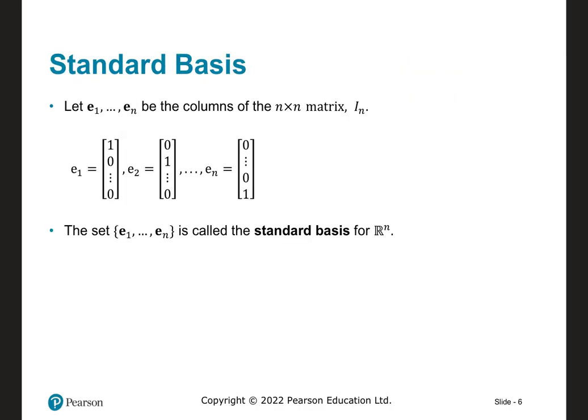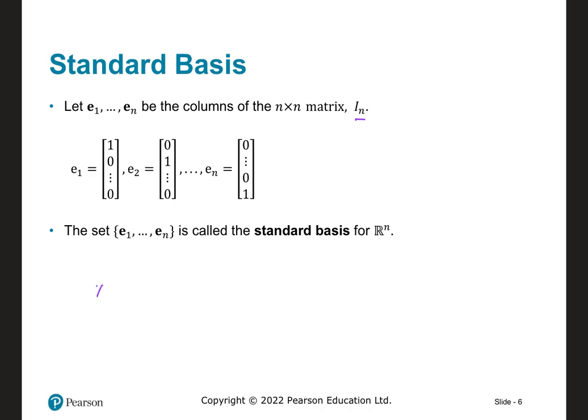Suppose that I consider the columns of the identity matrix. Given Rn space, if I consider these n vectors of the n by n identity matrix, then any vector in Rn can be written as a linear combination of those vectors.